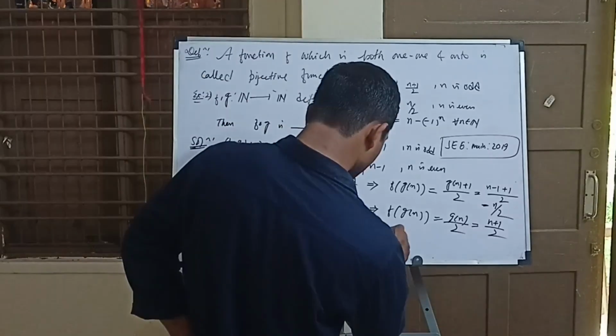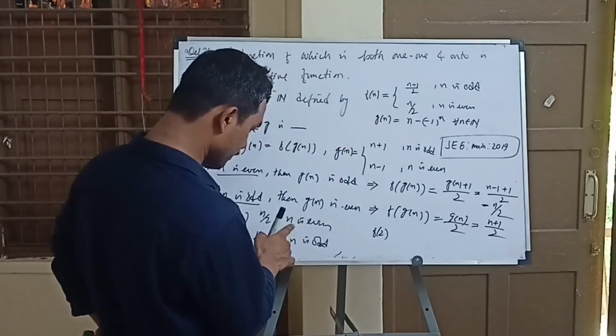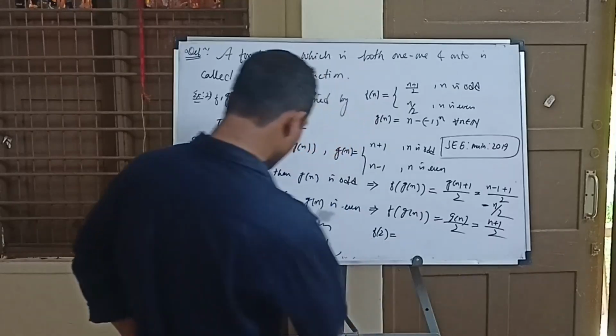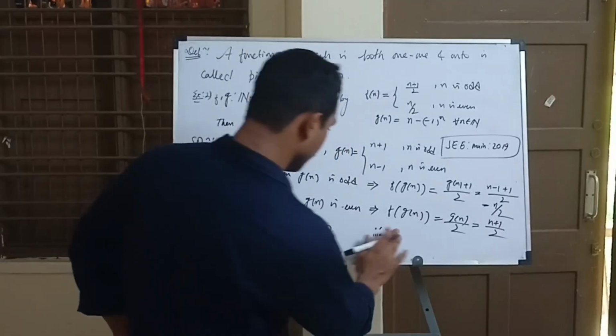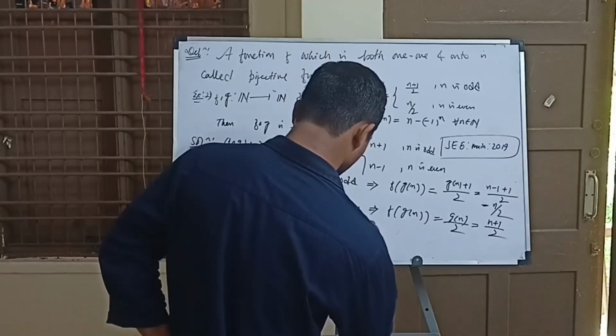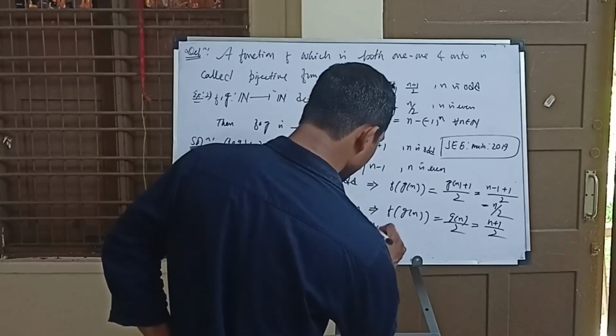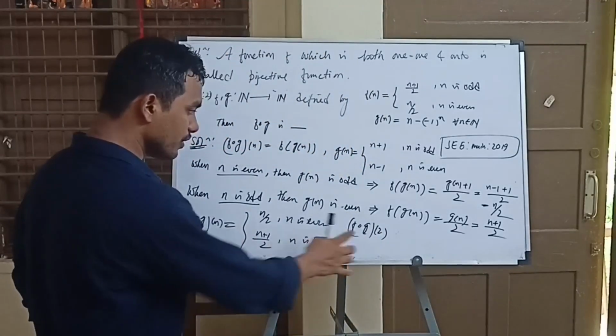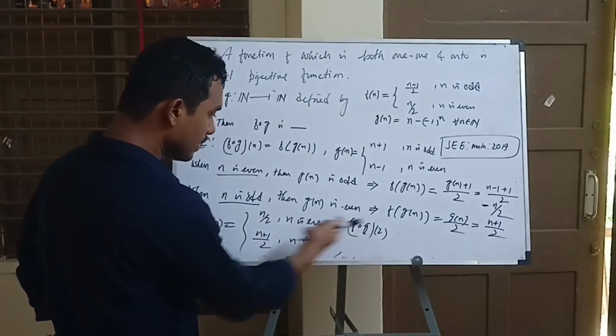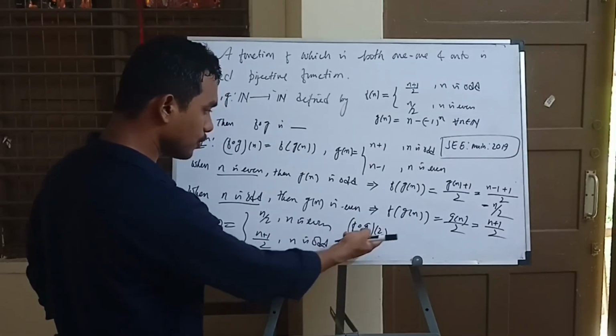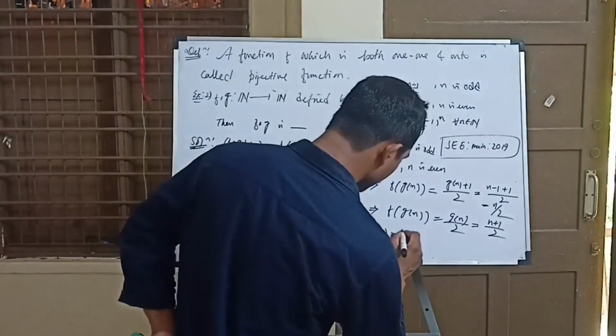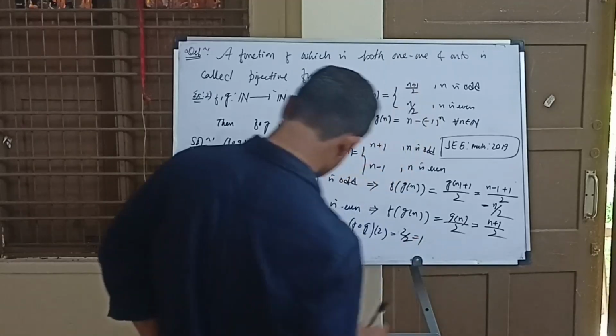For f composition g of 2, because 2 is even, the value is 2 by 2, which is 1.